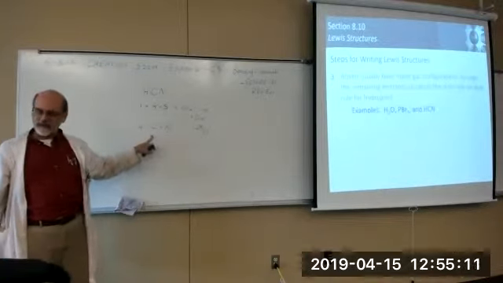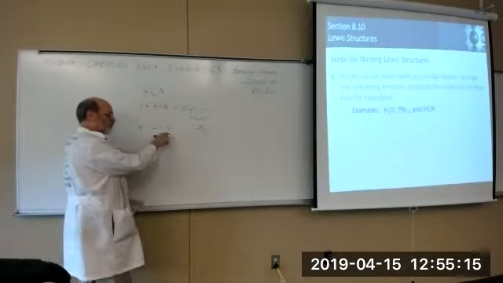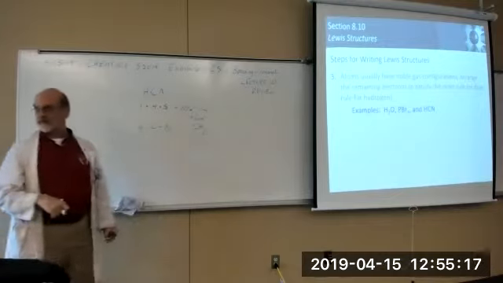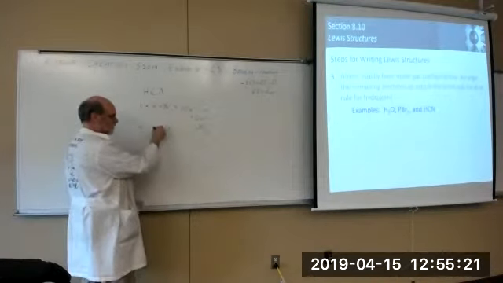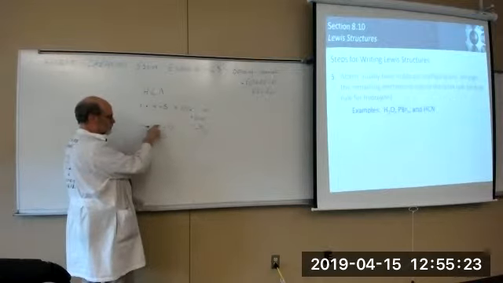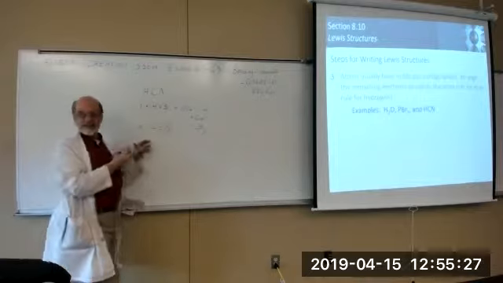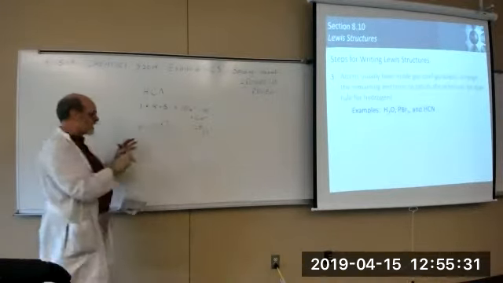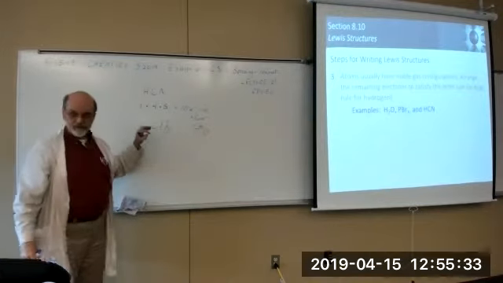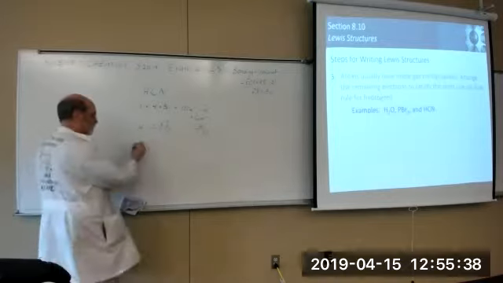Right? So how do you make an octet for carbon? You take lone pairs and make bonds out of them. So if we take this one, make a bond, that gives 2, 4, 6. Okay, we're getting there. Carbon's got 6 now, it needs 8. So if we take these 2, make another bond, now carbon has 8, and nitrogen still thinks it has 8 because they're in the bond. Right? So we would write it this way.